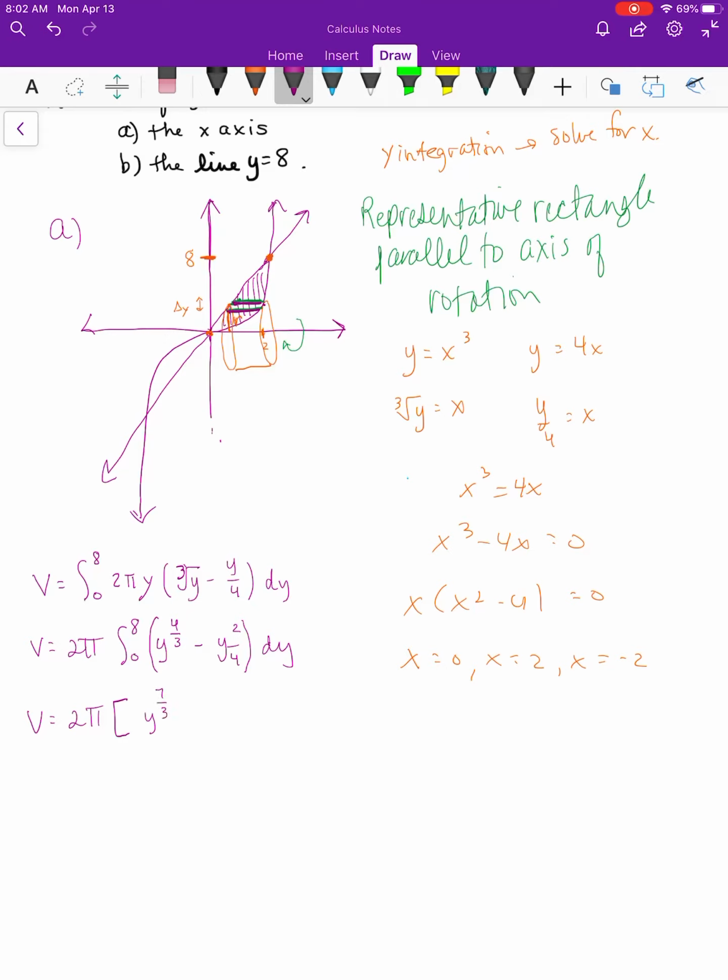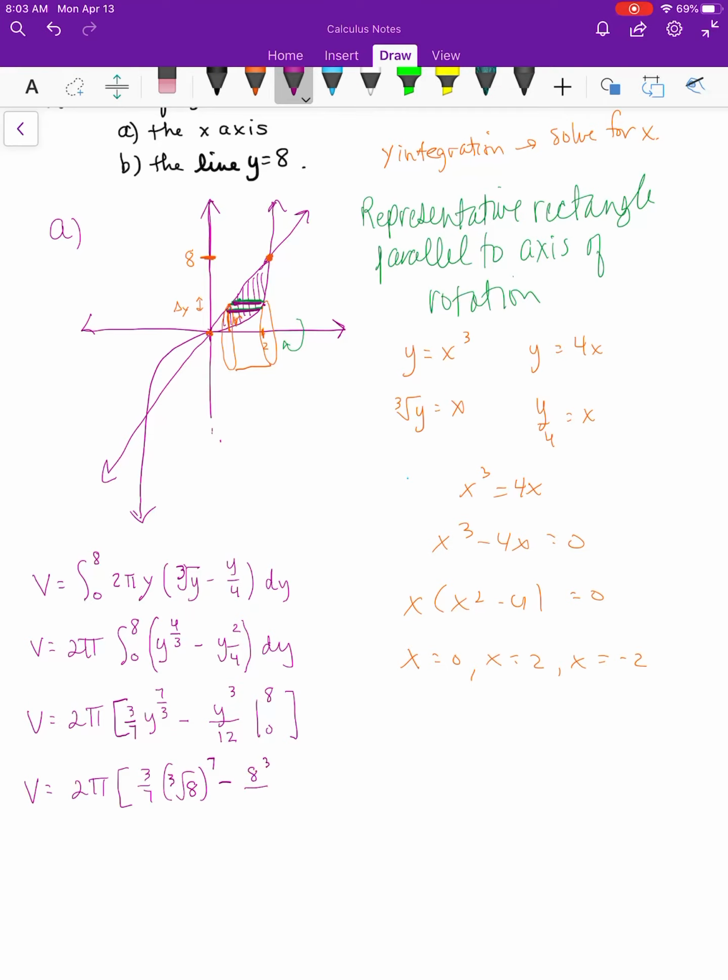And now we're going to integrate. So y to the 4/3 plus 3/3 is y to the 7/3. And then multiplication by the reciprocal, by 3/7, or divide by 7/3, which is multiplication. And then minus, this is going to be y to the 3rd, and then divided by 3. So that means I have divided by 4 times 3. So that gives me division by 12. So I now have 3/7.